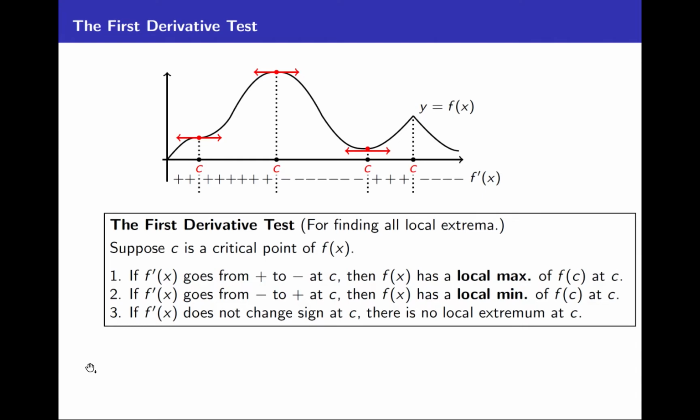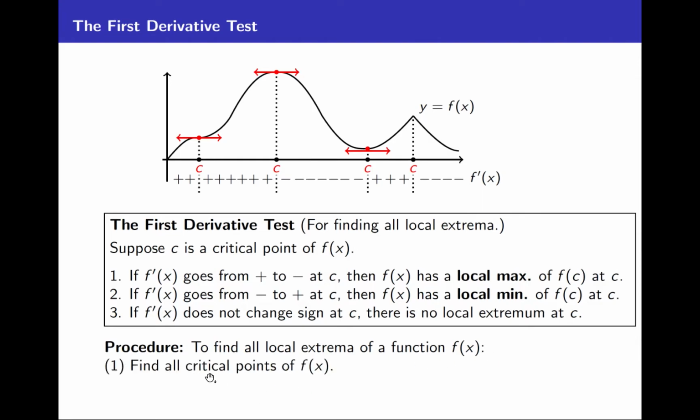So let's put this all together. We now have a procedure to find all local extrema of a function f. The first thing we'd want to do is find all the critical points of f, the values of c where the derivative is 0 or undefined, because we know that's where extrema could occur.